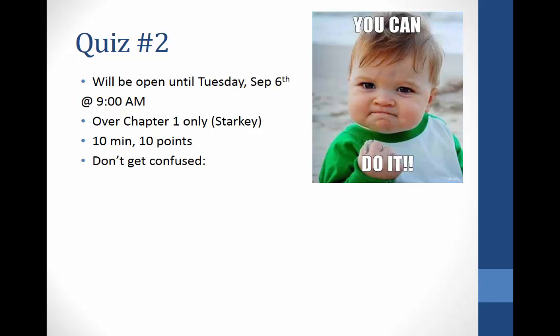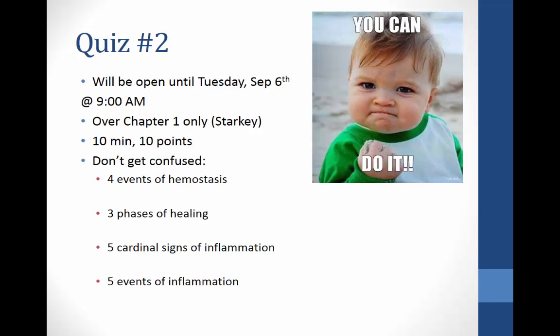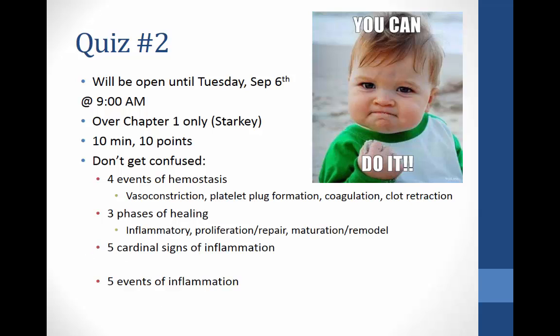Please don't get confused. The 4 events of hemostasis include vasoconstriction, platelet plug formation, coagulation, and clot retraction. The 3 phases of healing include the inflammatory, proliferation or repair phase, and the maturation or remodeling phase. The 5 cardinal signs of inflammation include redness, heat, swelling, pain, and loss of function.